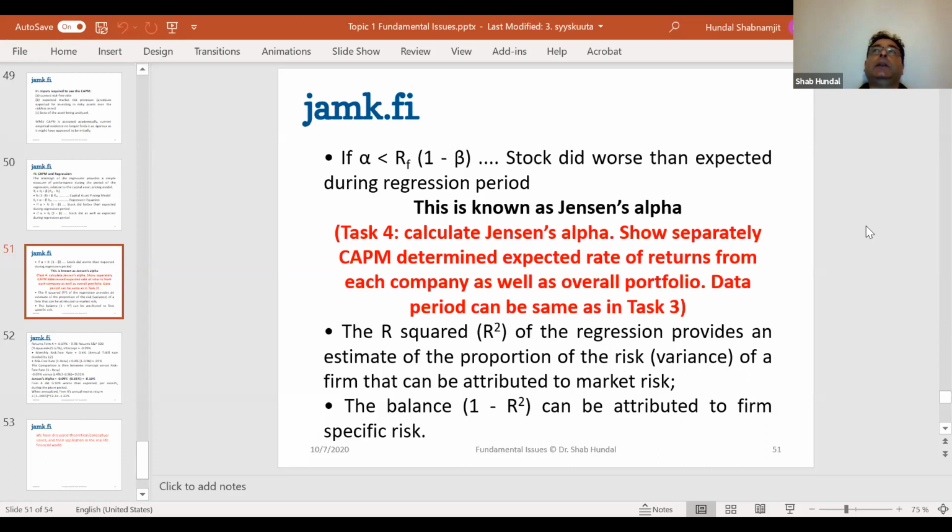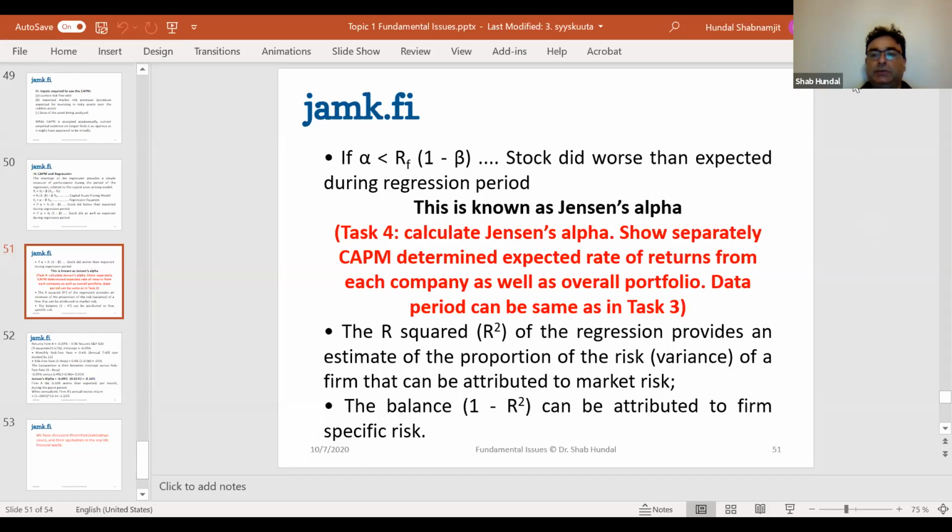In CAPM, you are comparing the company's actual return with the minimum return, but the question is how much was expected from this company? That's very important. Even though the actual return of the firm, the stock, could be below the average, it still could be more than what we expect. But let's take an example.